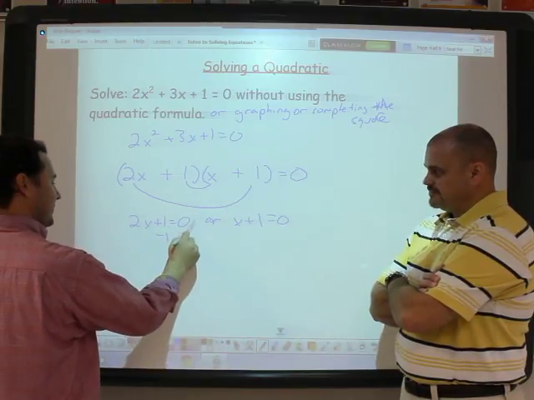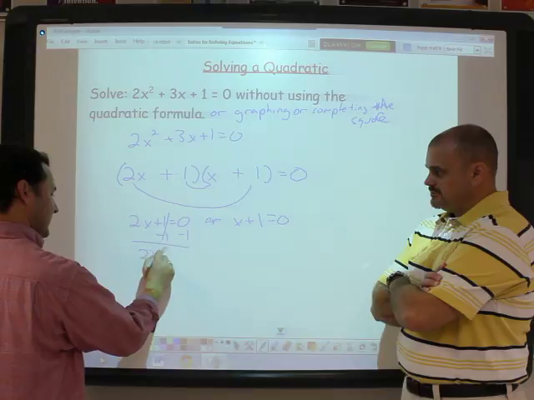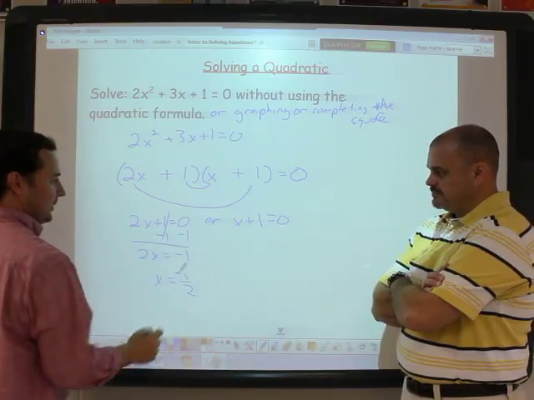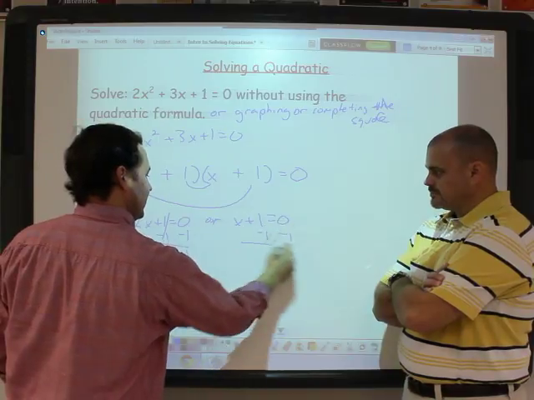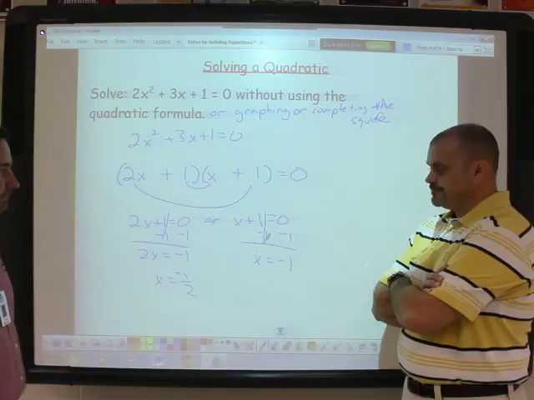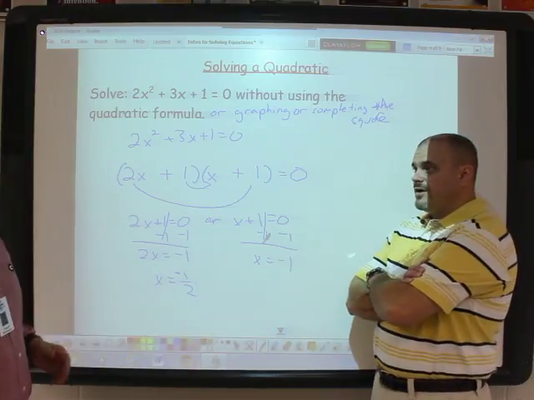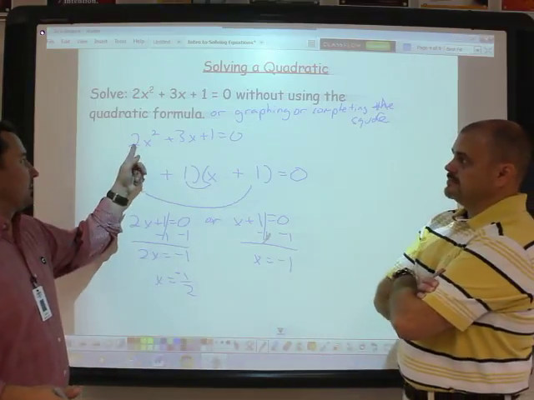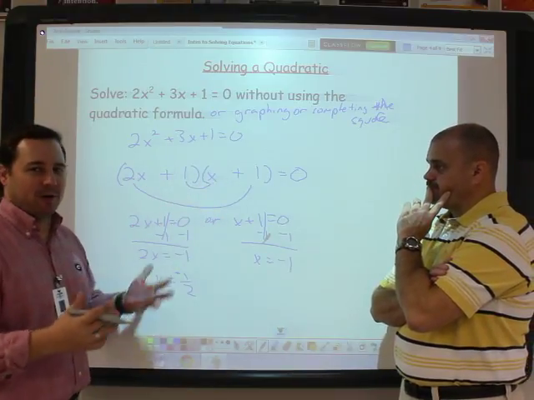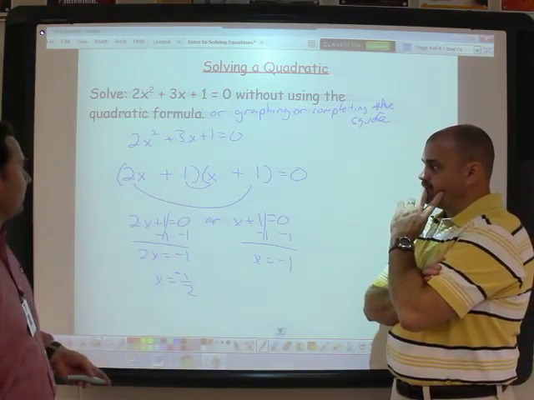So I'll solve each one. So my x is -1/2 or -1. There we go. And that's how we solve by factoring. It's a lot easier to factor when your a and c turn out to be prime numbers, because there's only one possibility to factor them.